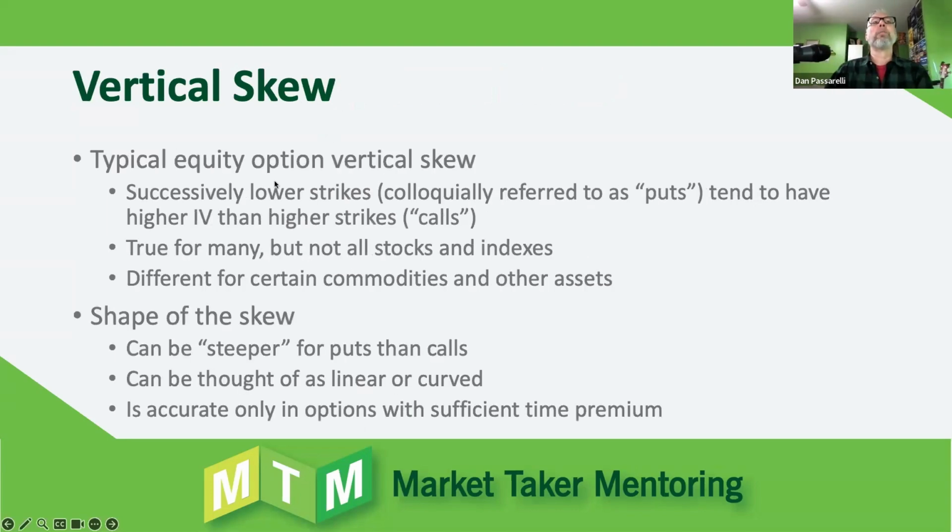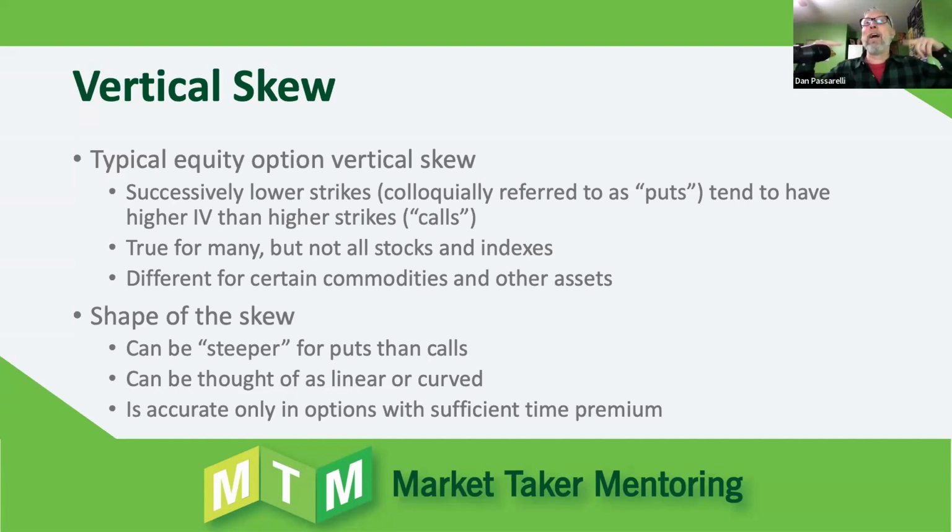So typical equity option vertical skew is, as we get successively lower strike prices, so if we go from the 100 strike to the 95 strike to the 90 strike, which I would typically just say the puts, because remember, put call parity says a call and a put of the same strike are synthetically equivalent.